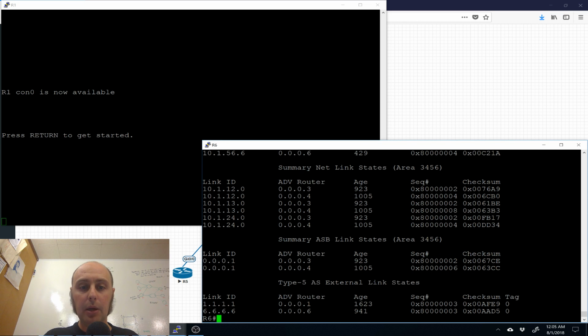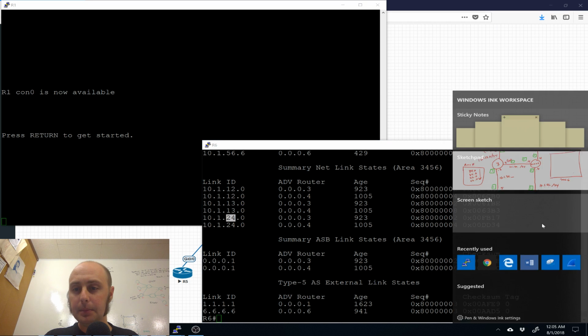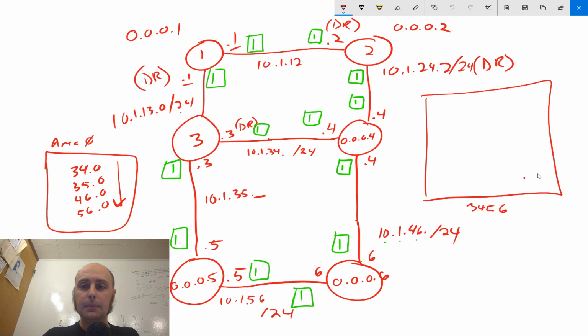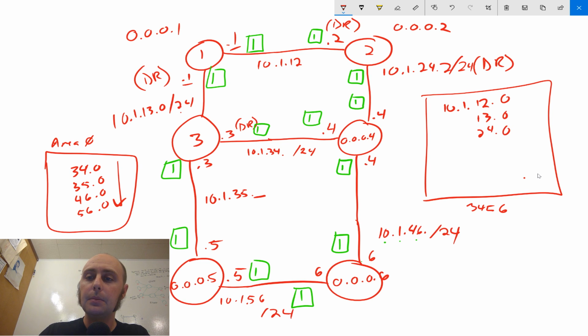Our summary routes are 12, 13, and 24, which is 10.1.12, 13, and 24. All right, that's what area 0 looks like to area 3456, which we're looking at from router 6.